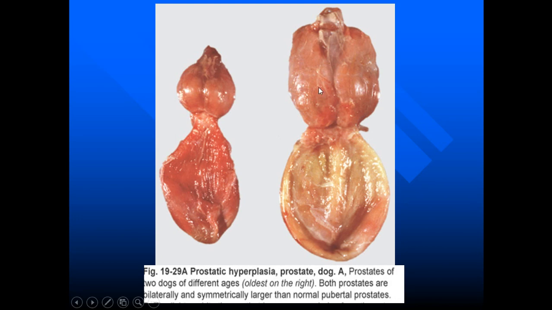The enlarged prostate will put pressure on the urethra and make the urethral lumen become narrow due to constant, chronic pressure, and it will be related with impairment in the urine flow and cause some other lesions.